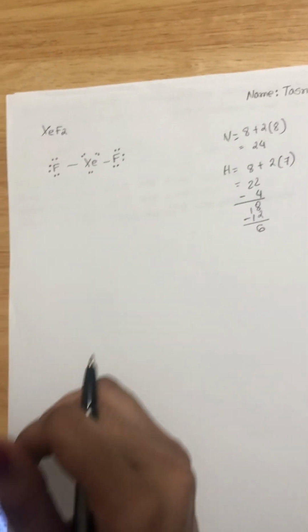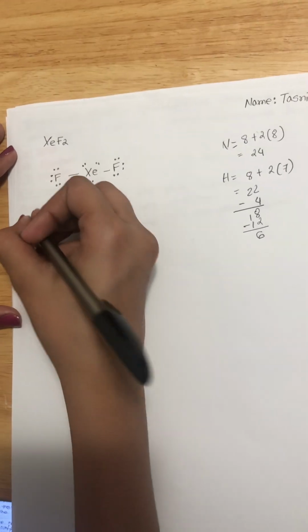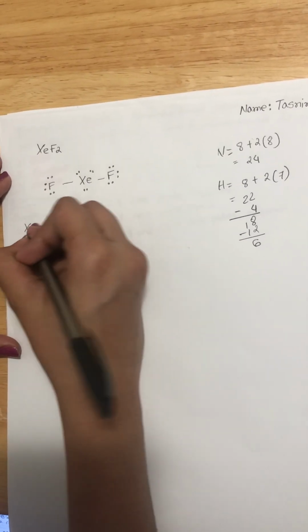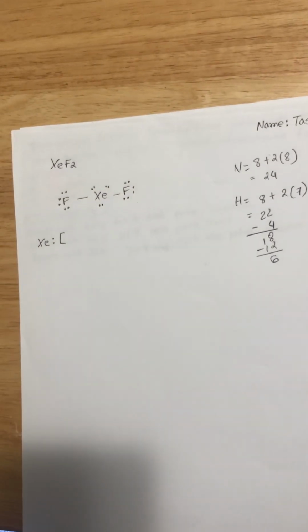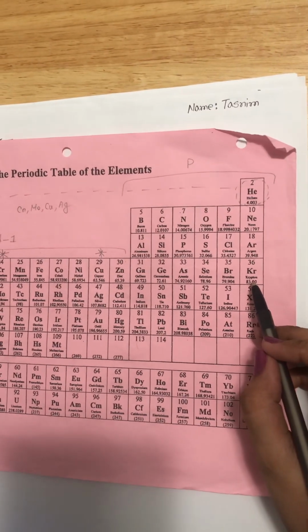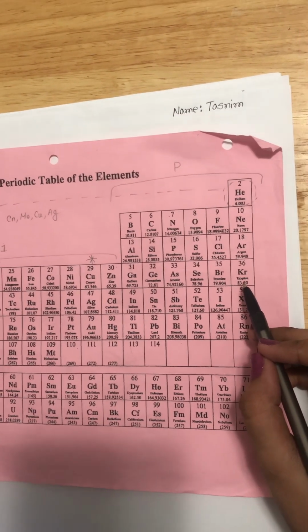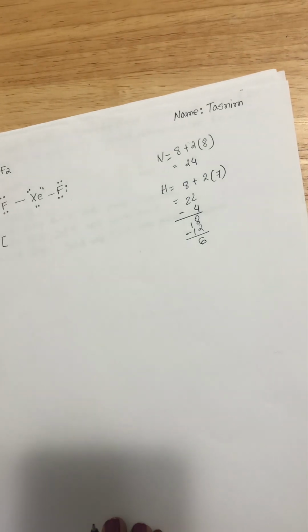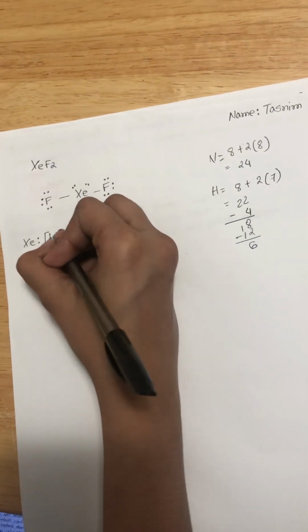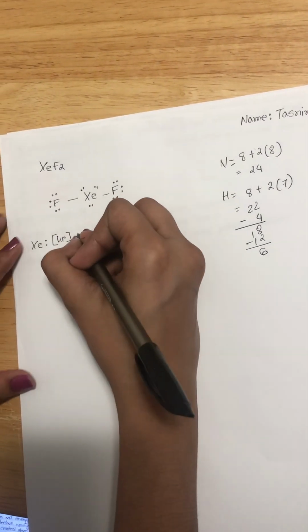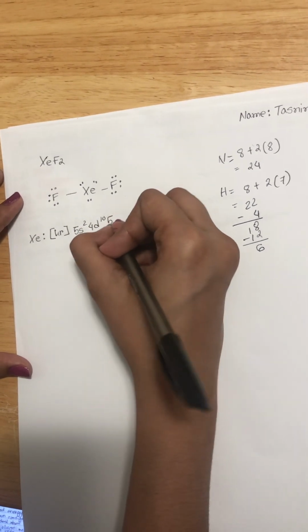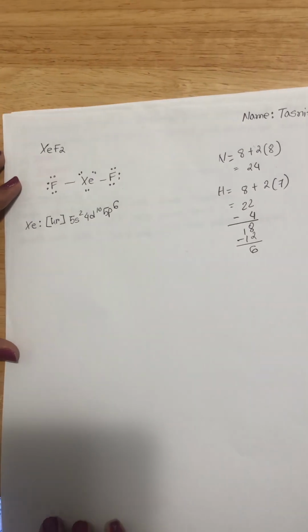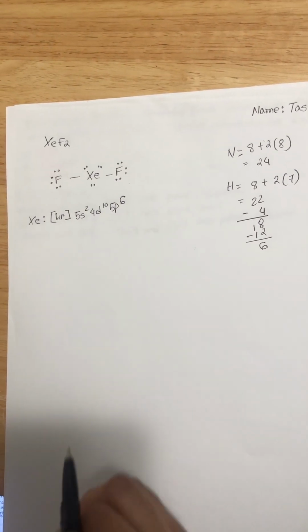Now we need to find the condensed electron configuration. For xenon, krypton is the nearest noble gas before xenon. The condensed energy level diagram is our next step.